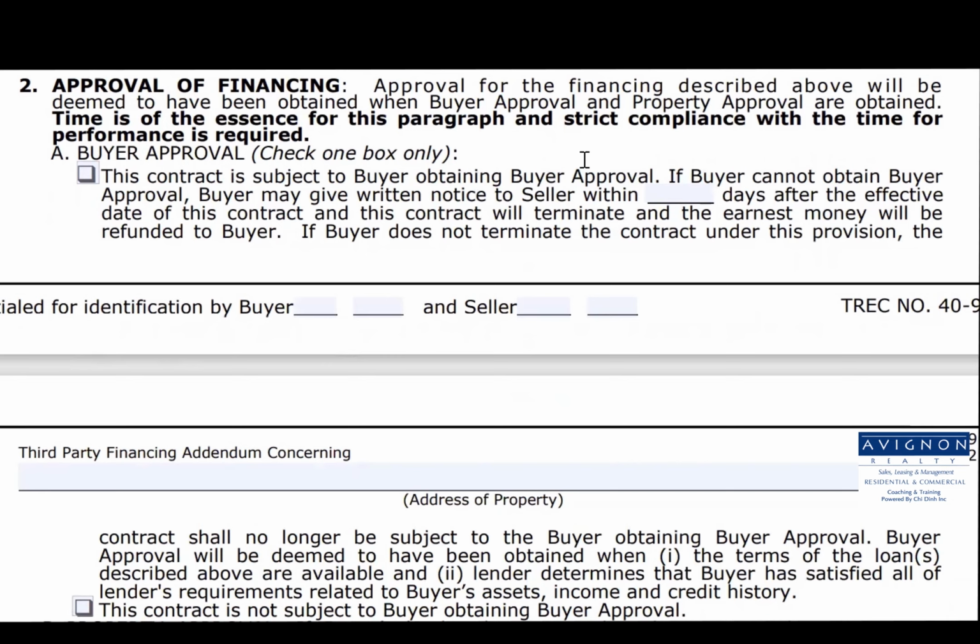And time is of the essence for this paragraph, in strict compliance with the time for performance. And you notice that right here, this number of days needs to be negotiated, which gives the buyer the time to go and get approval for financing, and that's negotiated, the number of days.